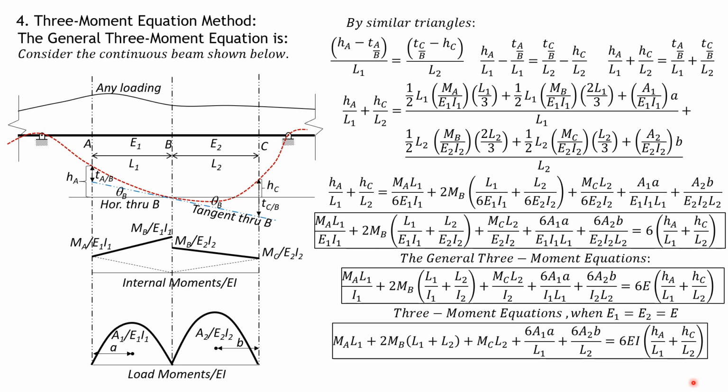So that's the case when I1 equals I2 equals constant. But as I said, you should be familiar with the general case, which is the first formula, because the other two cases come from this general three-moment equation.